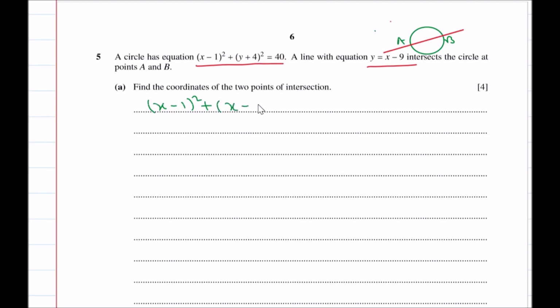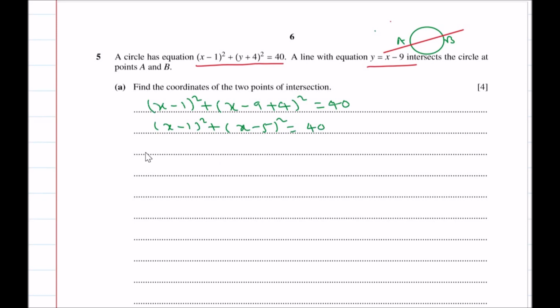So plus 4 whole square is equal to 40. So x minus 1 whole square plus, x minus 9 plus 4 is minus 5, so minus 5 whole square, that is equal to 40.